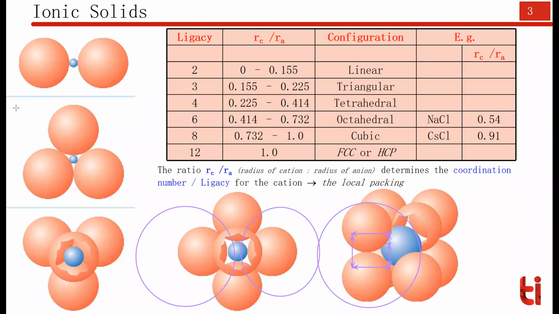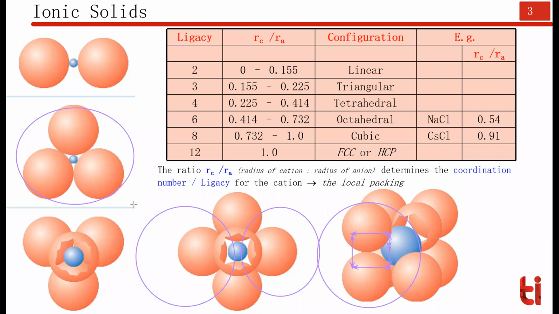In this diagram, there is a triangular configuration where a cation is occupying the valley region, and its radius ratio with the anion is between 0.155 and 0.225.